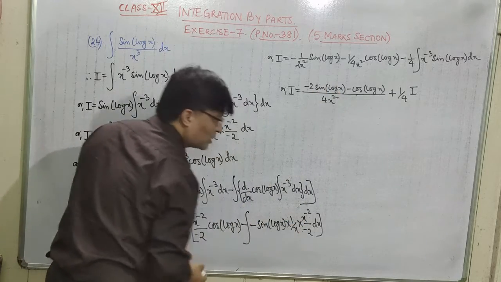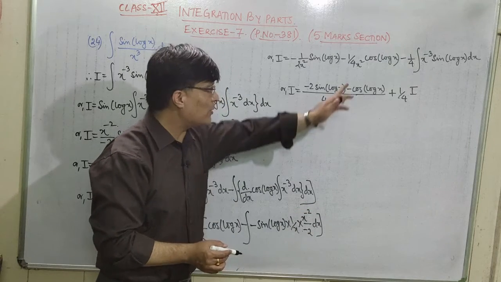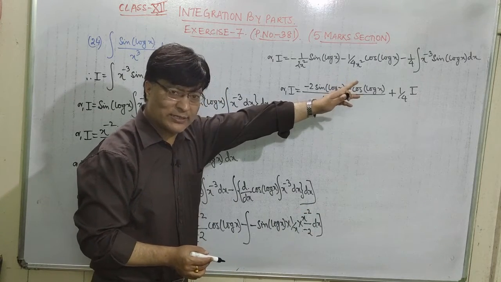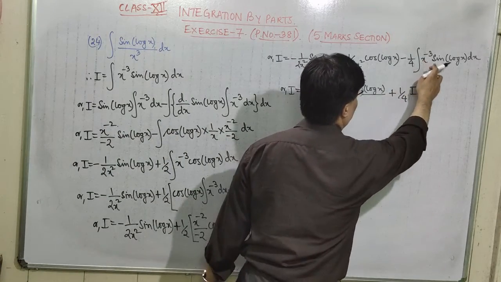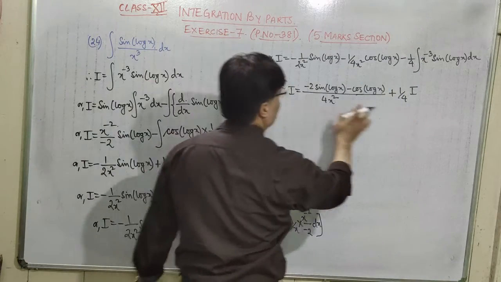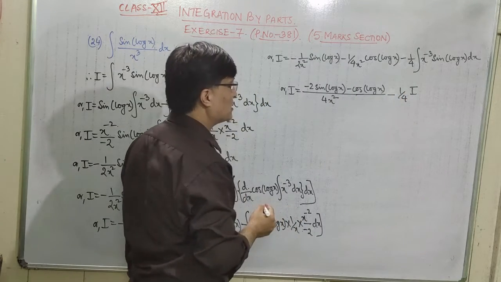X is taken to the numerator, it becomes x to the power minus 1, and it is simplified with x to the power minus 2, and you have to write x to the power minus 3, then sine of log x dx. So instead of integration of x to the power minus 3 sine of log x dx, it is I. So this is your minus sign, right? So I think you have understood it.